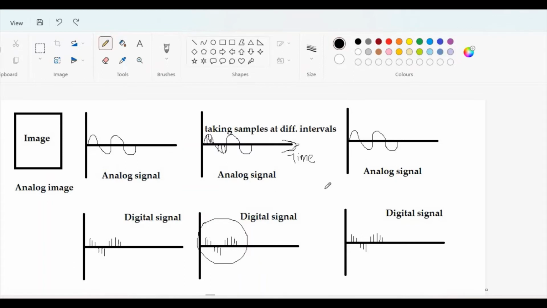Right? Now, if you want to reconstruct the analog signal from this signal, can you do that? Yes, you can. It can now be reconstructed back to analog form from these given samples, right? I already showed you how, like this.